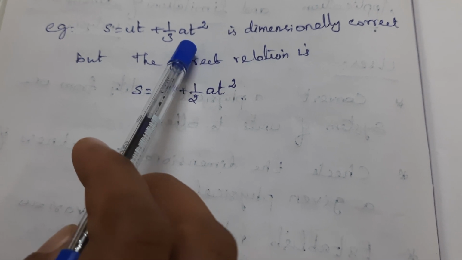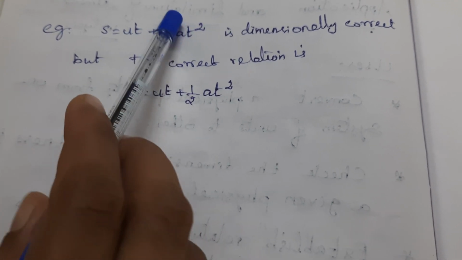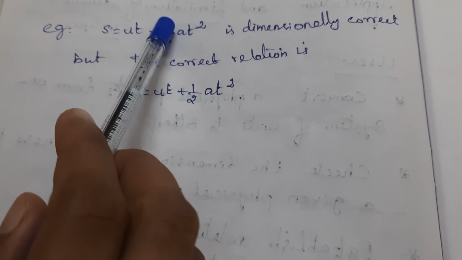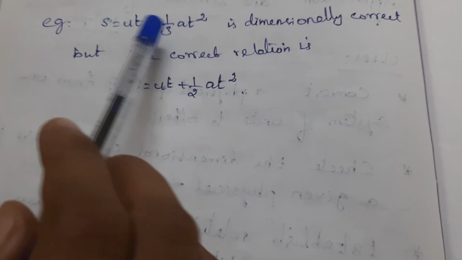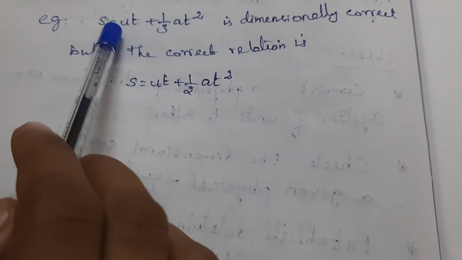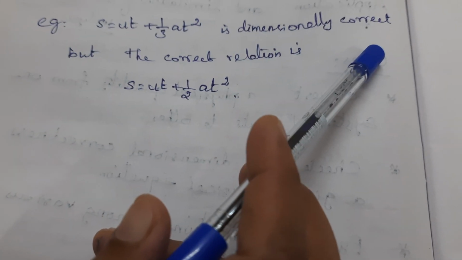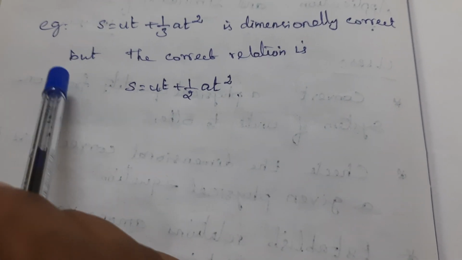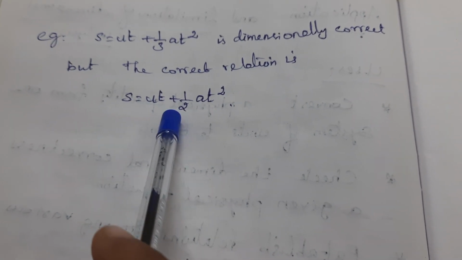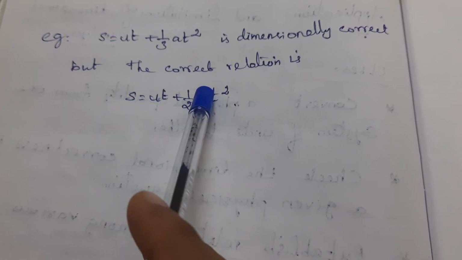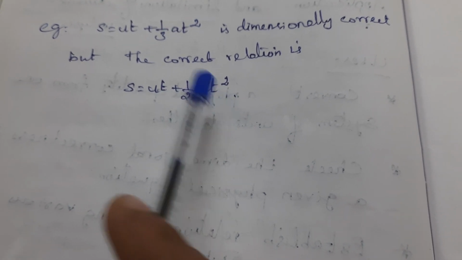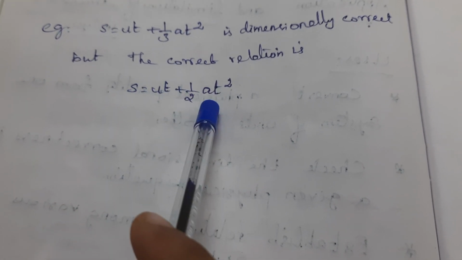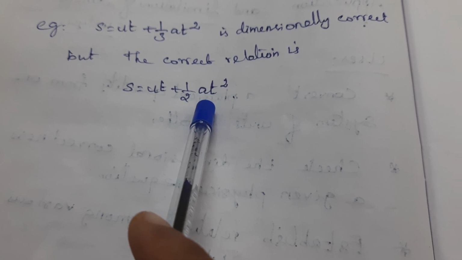Using dimensional analysis, 1 by 3 has no dimension, so the dimension of all the terms will be the same. So this equation is dimensionally correct. But we know that the correct relation is s equal to ut plus half at square. So it can only check whether the physical relation is dimensionally correct but not the correctness of the relation.